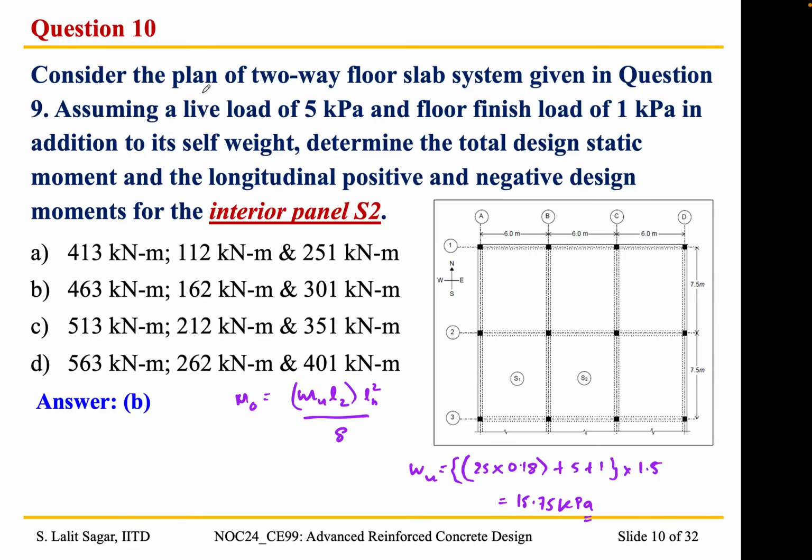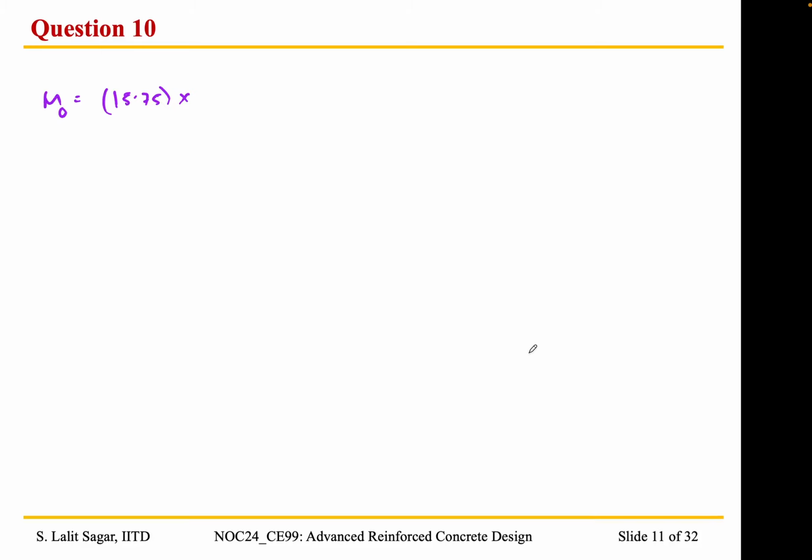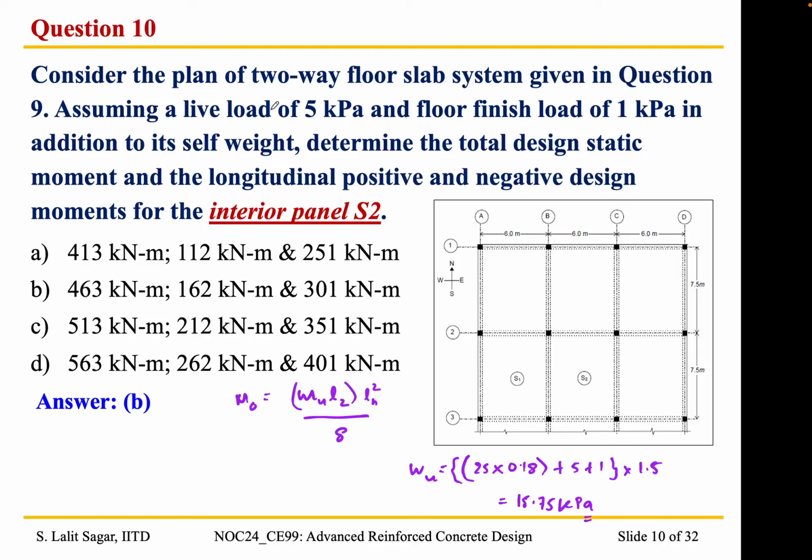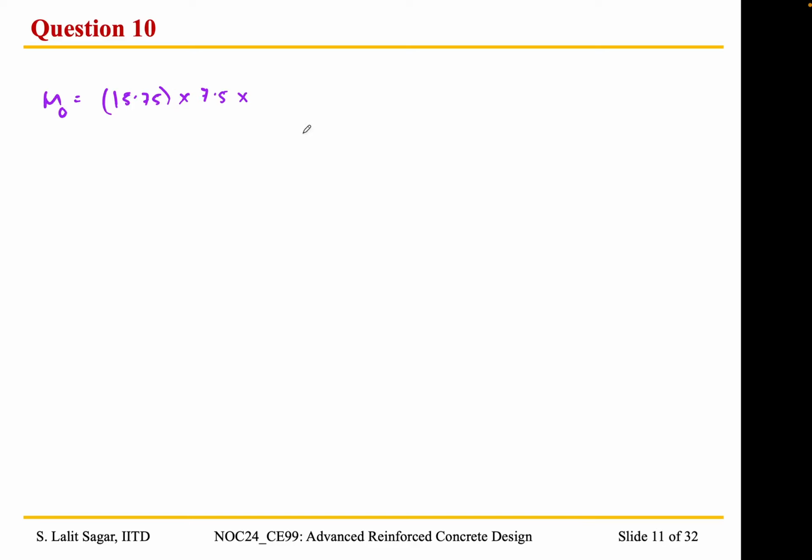L2 is basically the distance in the transverse direction. It is 7.5, into ln, the clear span in the shorter direction, that is 5.6 meter, 5.6 square, divided by 8.